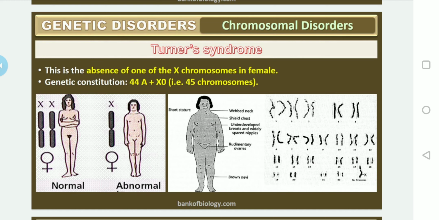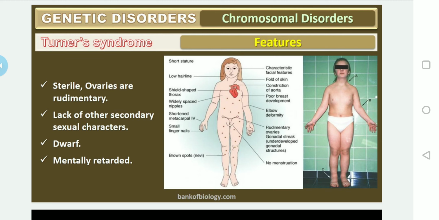Generally, they are small statured, they possess a large chest, and they show webbed neck characters. They do not attain puberty. There is no menstrual cycle, and breasts are underdeveloped. Ovaries are rudimentary, underdeveloped.